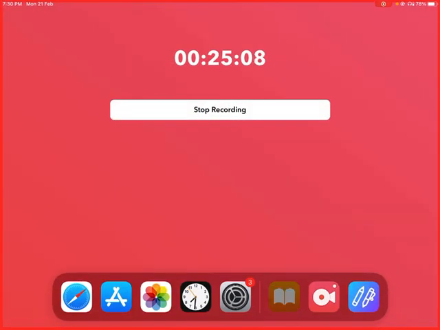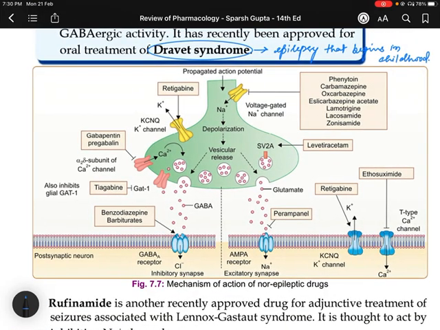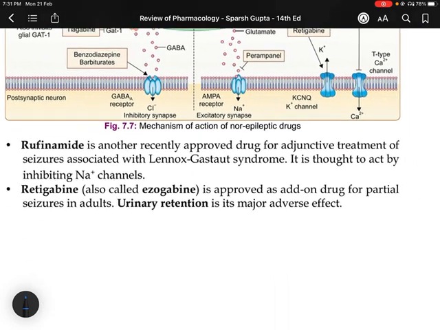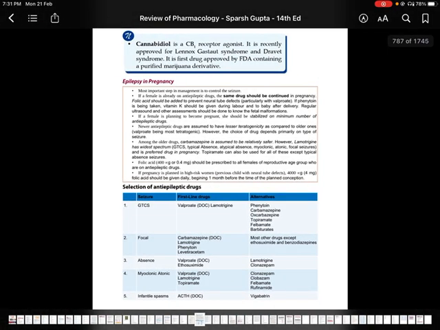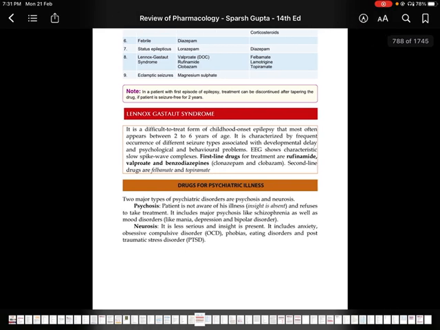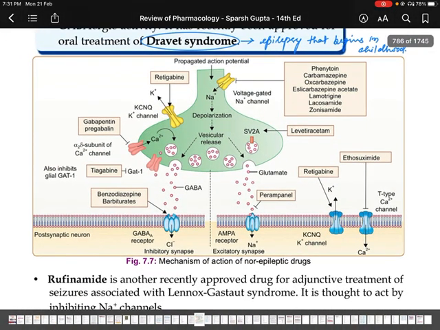Okay, so now propagated action potential. How does this work? Mechanism of action of anti-epileptic drugs, they are being shown. So propagated action potential comes through the sodium channel. Who blocks the voltage gated sodium channel?